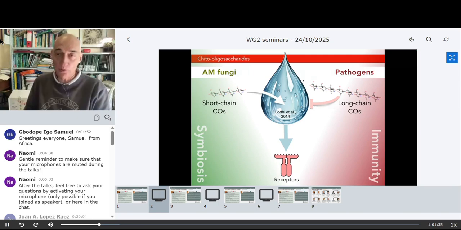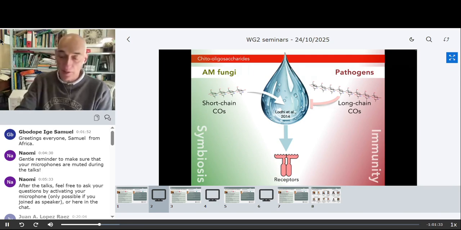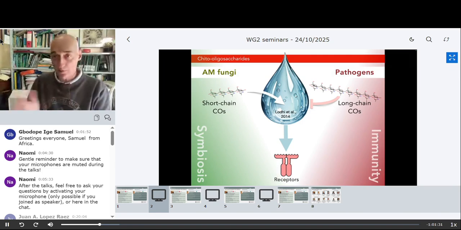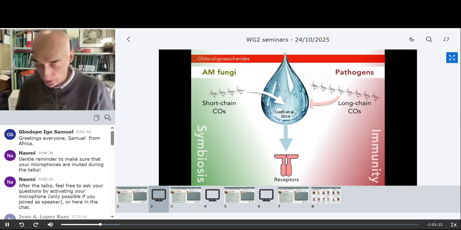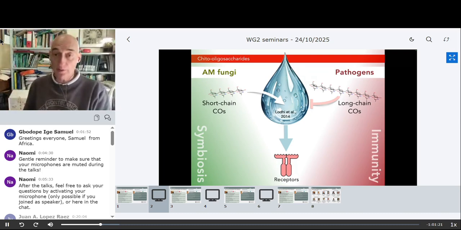In fact, when you want to chemically analyze the two types of molecules, you really have to use different solvents, because hydrophilic, well, polar solvents will not work for long chain COs, even just for CO8.